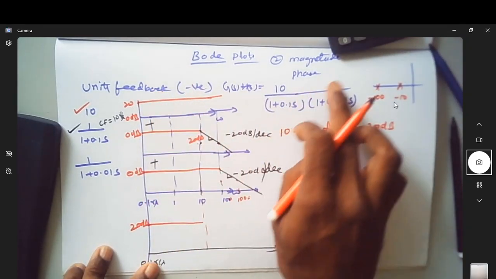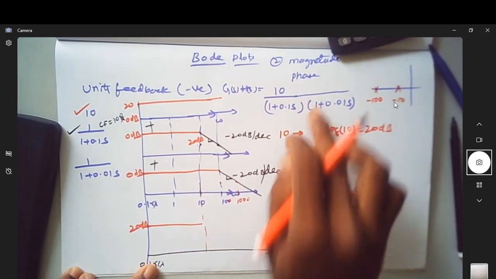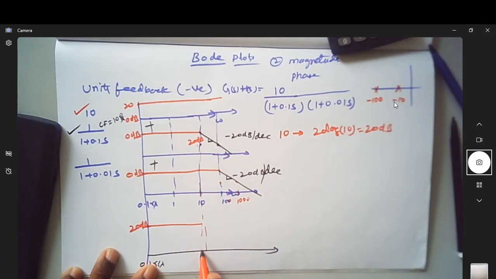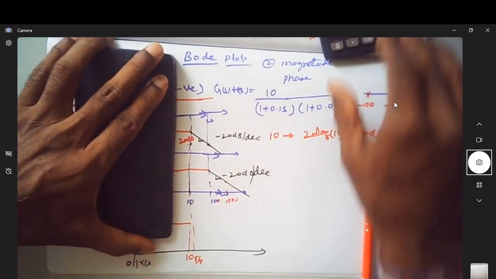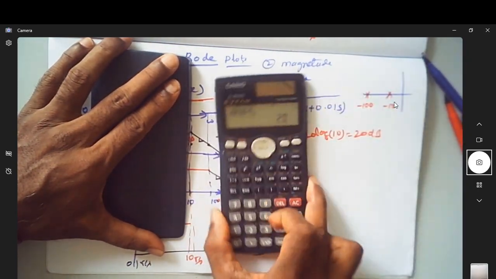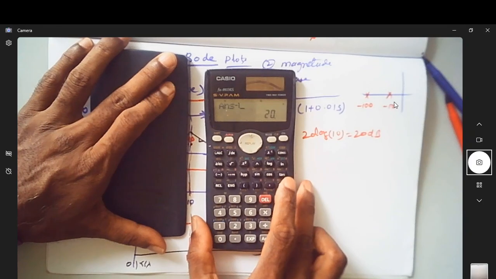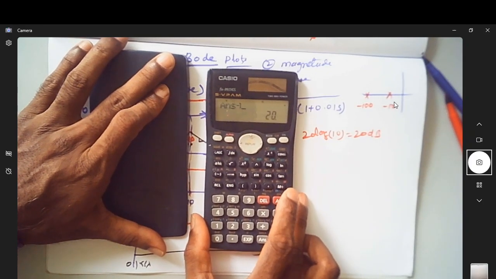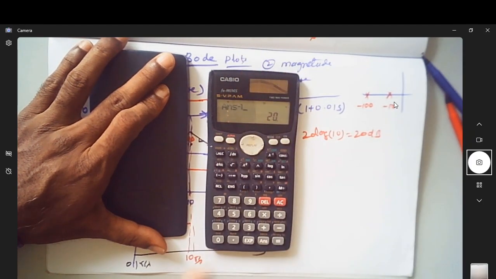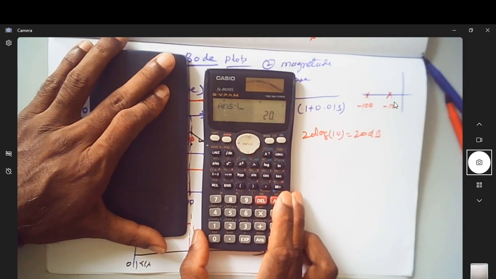It is the addition of all of them for this particular transfer function. This is done now. Next what happens? This is 10 radian per second. So this is 0.1. Then what happens? See here. How much is the slope now? Just identify the slope. Is the slope of this 0? Meaning it's a horizontal line.